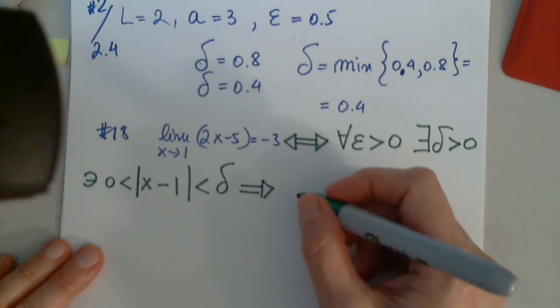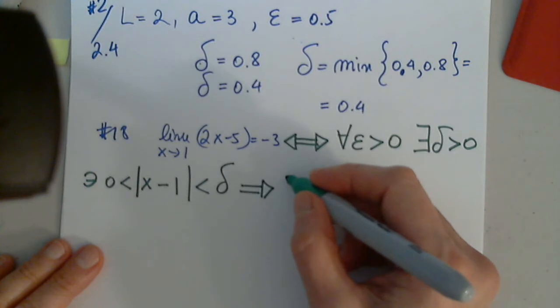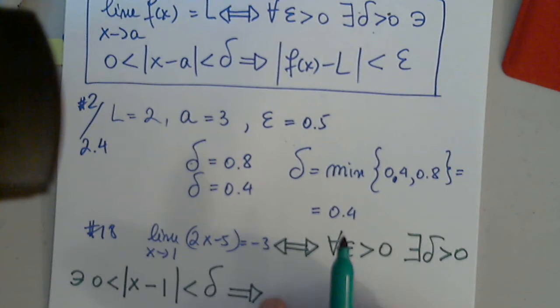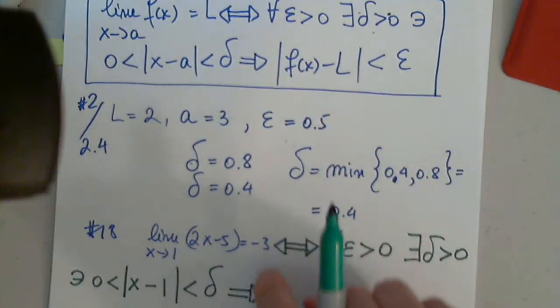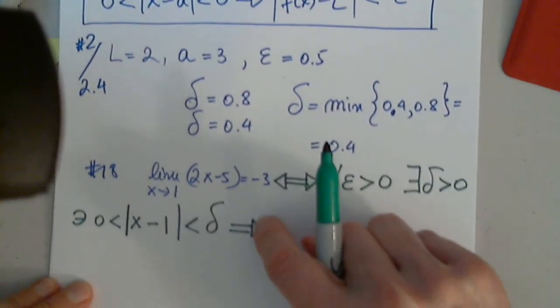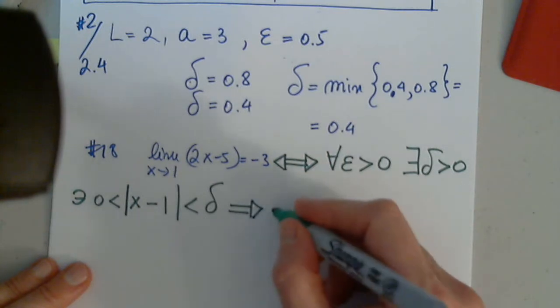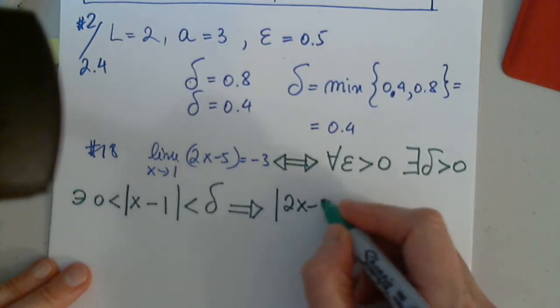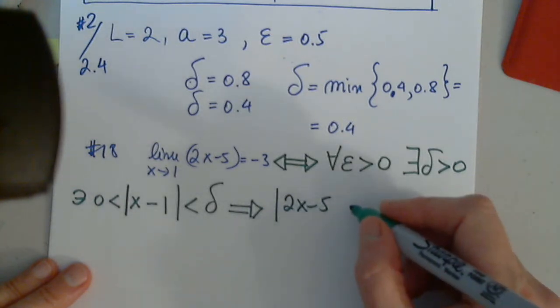Would that be the -3? It's going to be absolute value. We are here, right? Are you following? Everyone, are you following? Okay. That would be the 2x minus 5. Very good. 2x minus 5, and then?